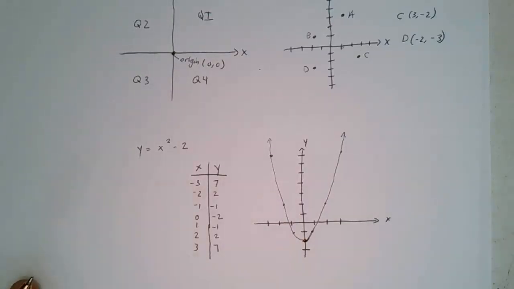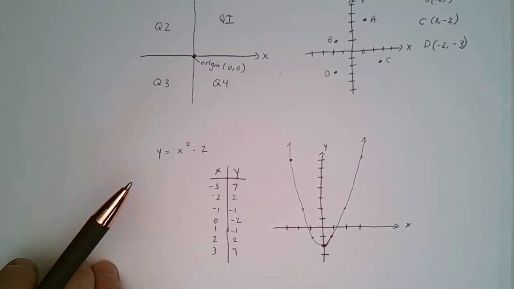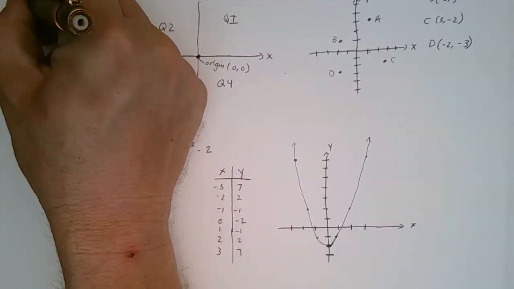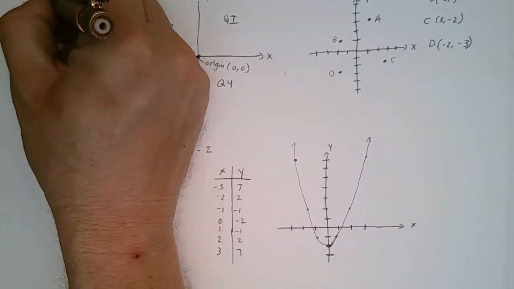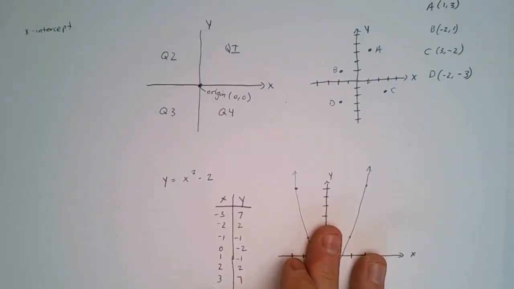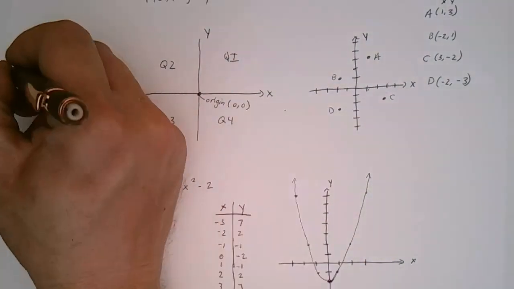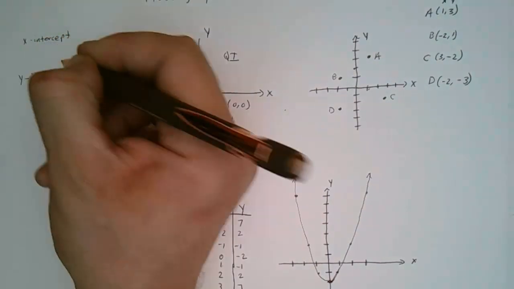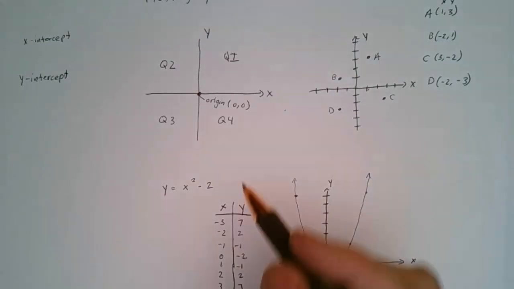The last thing I want to talk about, other than plotting points and plotting points to find the shape of a graph, is intercepts. Most equations have an x-intercept and a y-intercept. Pull my paper back down here. Now something neat happens here.